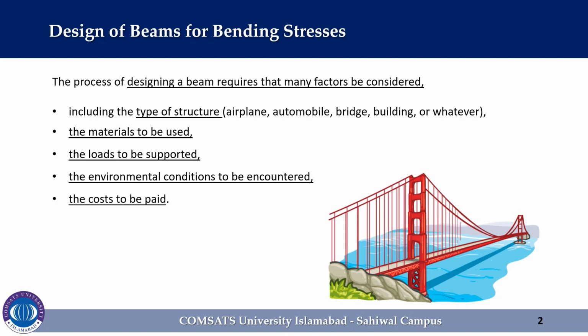However, from the standpoint of strength, the task eventually reduces to selecting a shape and size of beams such that the actual stresses in the beam do not exceed the allowable stresses for the material. So in this section, we will consider only the bending stresses, that is the stresses obtained from the flexure formula.